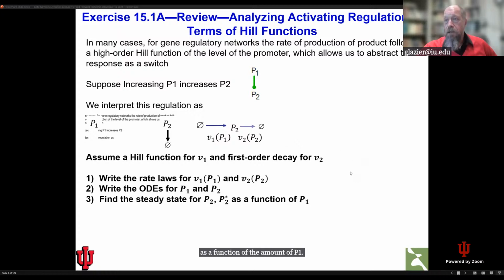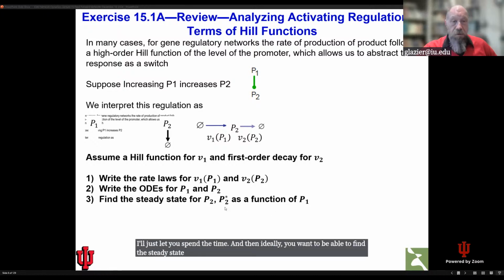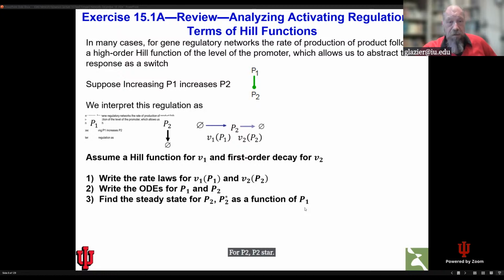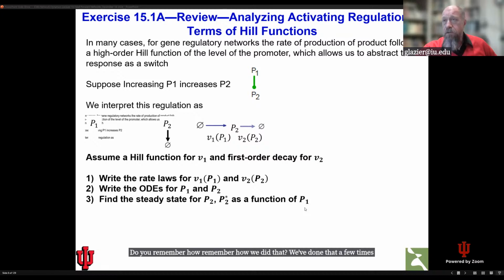So if you can remind yourself how to write the rate laws here for P2 as a function of P1. I'll just let you spend a time. And then ideally, you want to be able to find the steady state for P2 star, given the law you wrote down. And do you remember how we did that? We've done that a few times over the past few weeks.